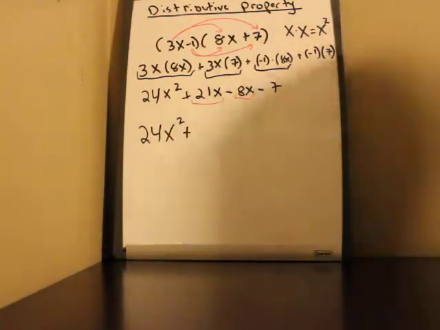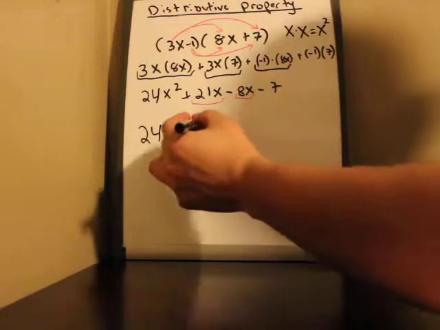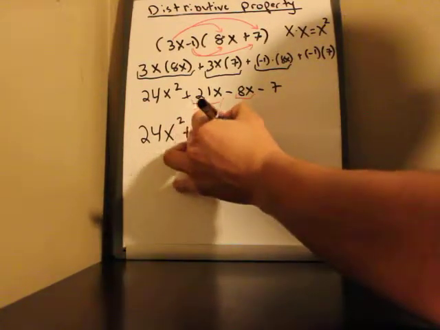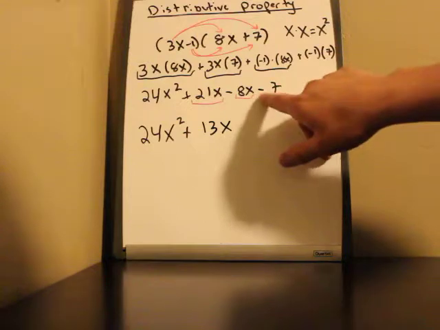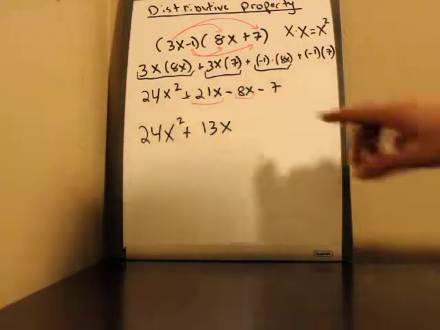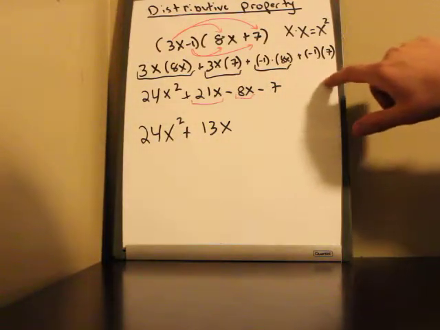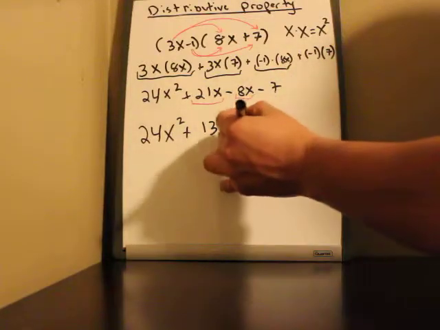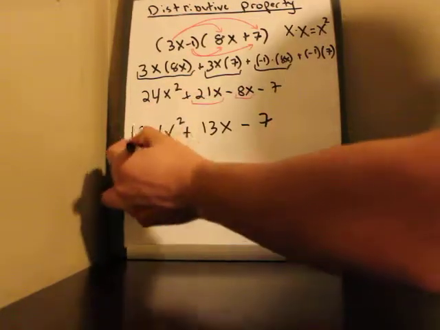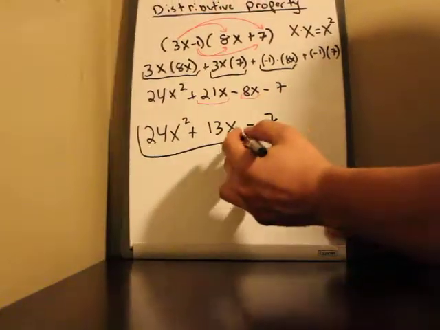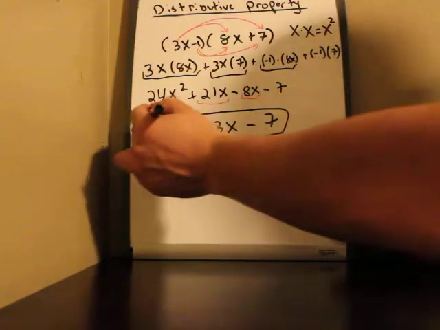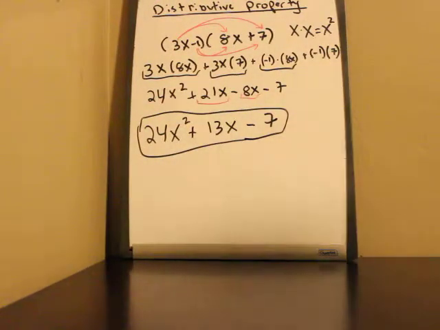So we can simplify that down and finally say that this is 13x. And now we have this minus 7. There's no other number to add or subtract to simplify it, so we just do minus 7. And this is my simplified polynomial using the distributive property.